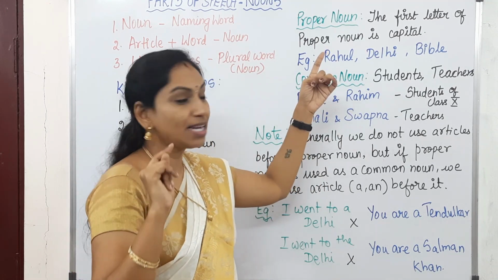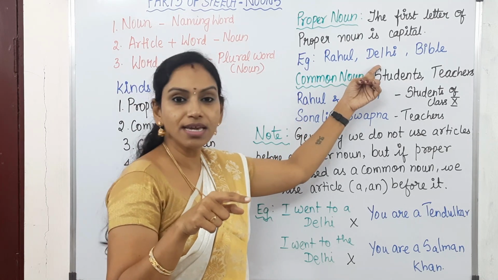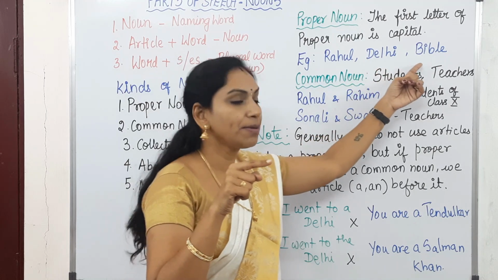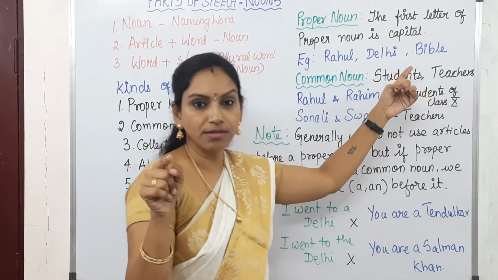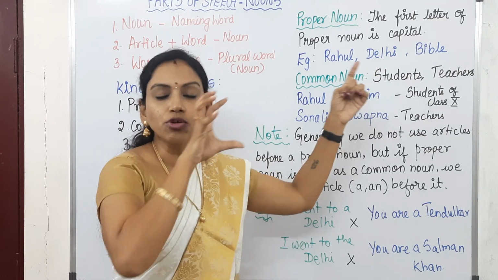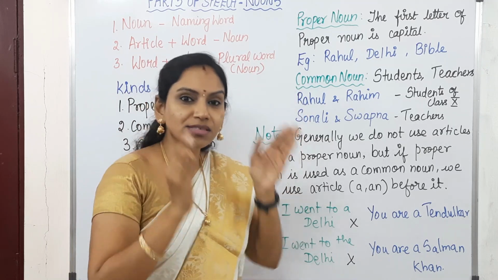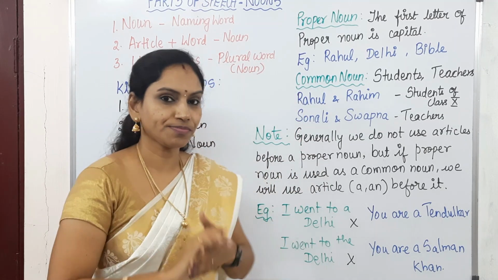For example, Rahul, R capital. Delhi, D capital. Bible, Quran, Bhagavad Gita, everything with capital B. Those words which begin with a capital letter are called proper nouns.